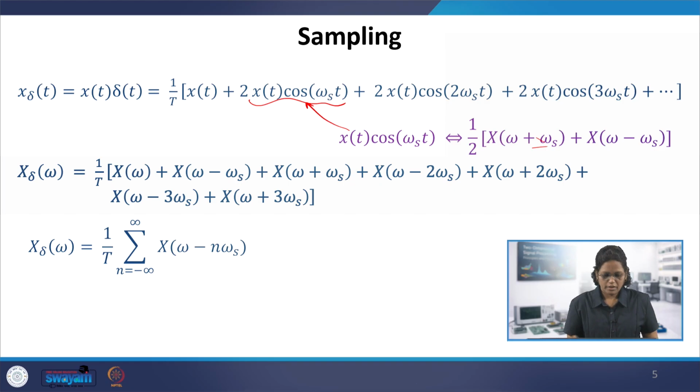So summing up together, x delta of omega is 1 by T times the sum of x of omega minus n omega s, where n is varying from minus infinity to plus infinity. So you will have this at 0, 1 and then 2, 3 and so on. Similarly at the negative indices as well, plus omega and then plus 2 omega and plus 3 omega and so on. So this is the expression of the spectrum which we got after the sampling.